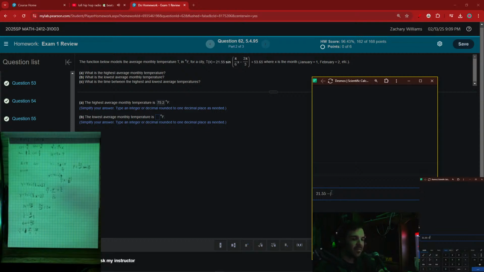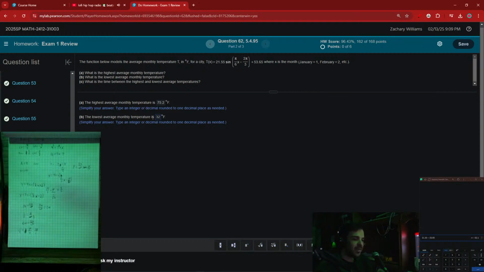So that's the lowest possible temperature, and that's just the absolute minimum 32.1, which is just amplitude minus... oh, we need the negative amplitude though, right?